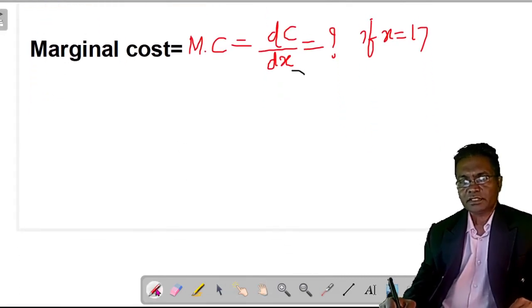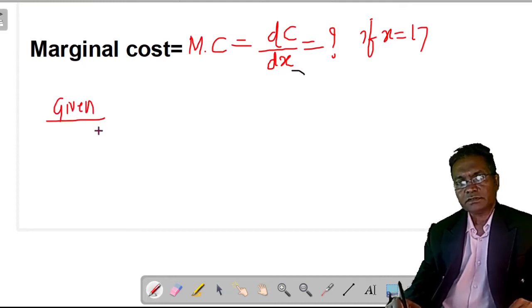Now see here what is given. Total cost is given.